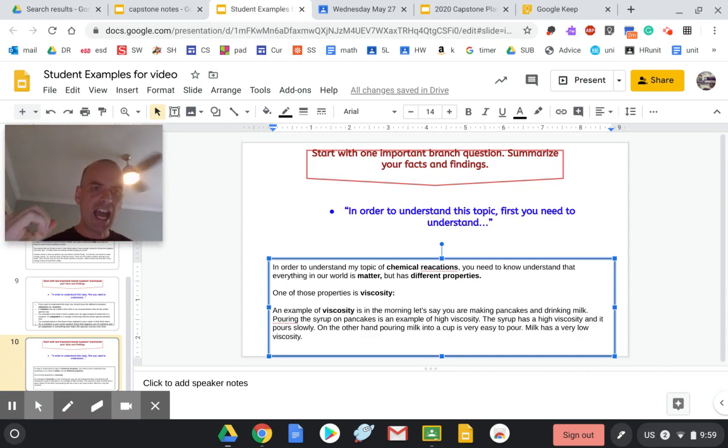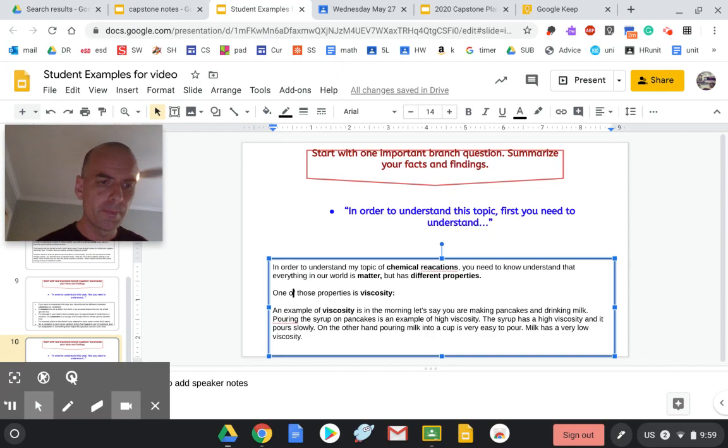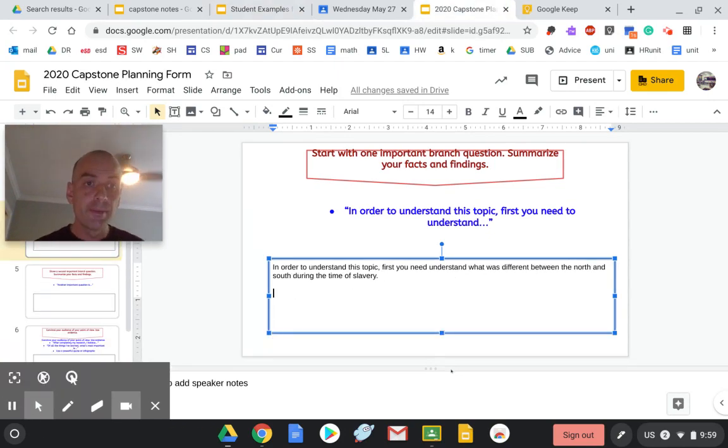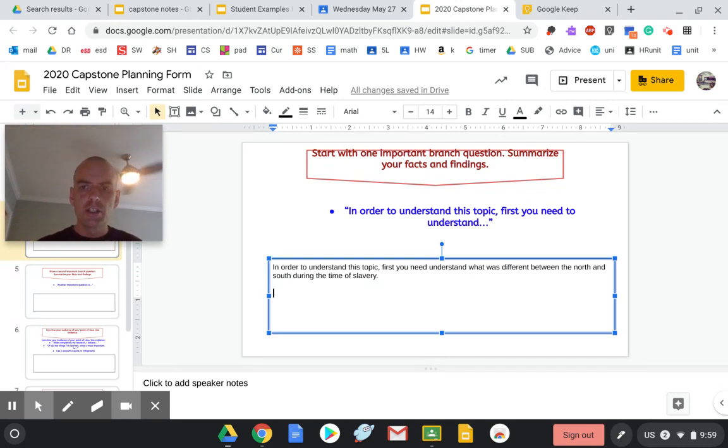Okay? Give us facts, give us examples, give us explanations. Then I would go back to my topic now and I would give facts and explanations to explain the difference between the North and South during the time of slavery. I would give several facts, several examples, several explanations.